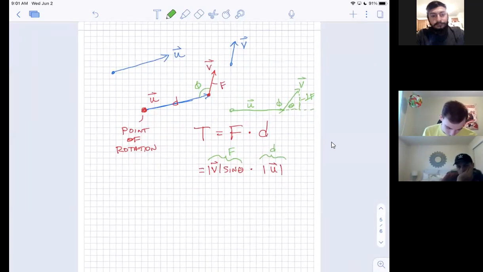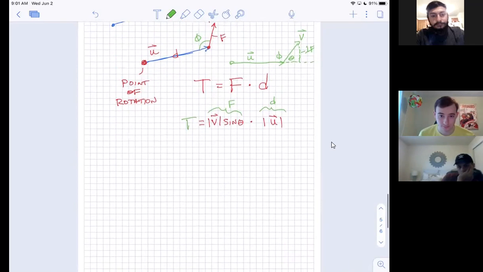Ultimately then, I'm just going to write this out. So torque is equal to that statement. Hope you see some logic in that.